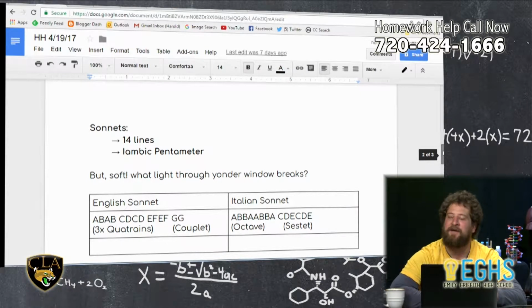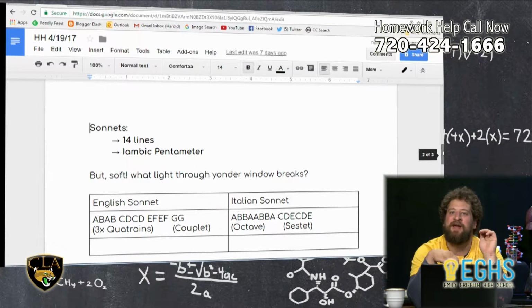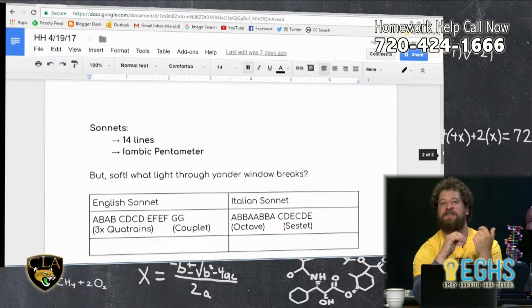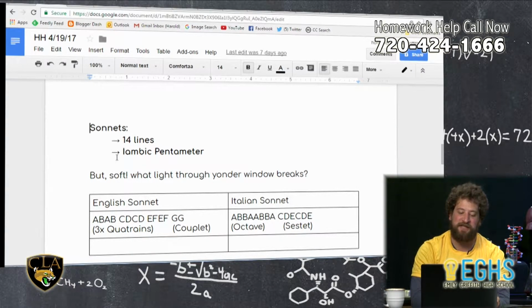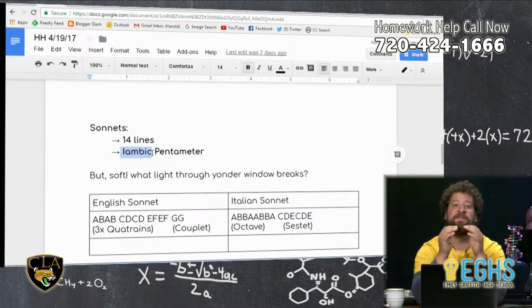Iambic pentameter refers to a certain meter of poetry verse. In other words, it's like the number of syllables and the sets of syllables and their stresses. So the first part of this term is iambic, and iambic refers to the idea of an iamb.